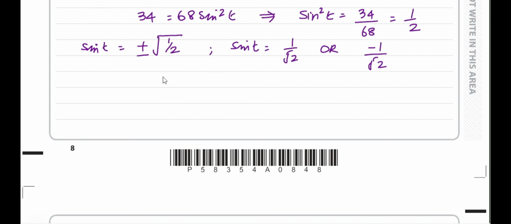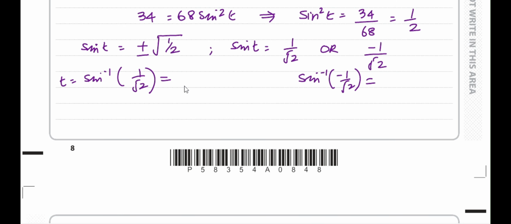Let's put the calculator into radian mode and calculate t equals sin inverse of 1 over root 2 as well as sin inverse of minus 1 over root 2. This gives us pi over 4 or minus pi over 4.